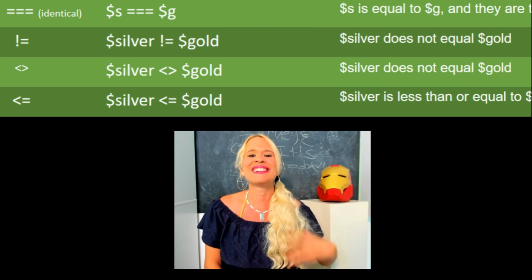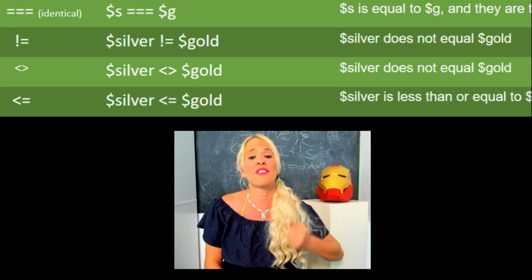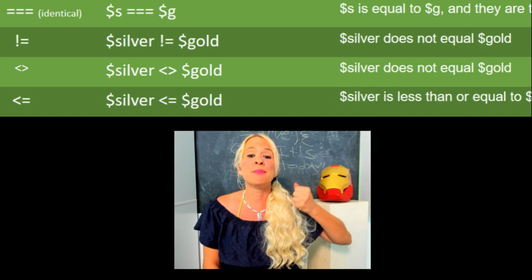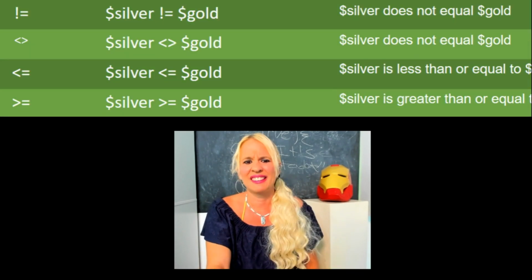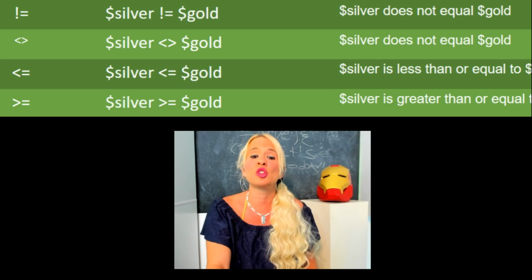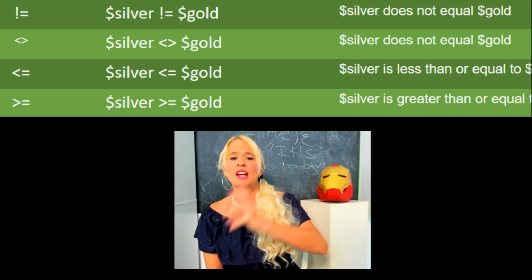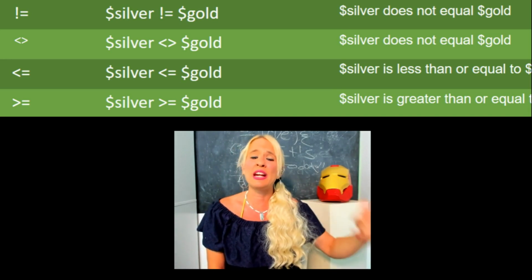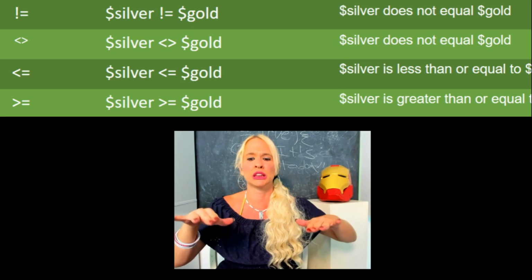The value contained in silver can either be less than the value contained in gold, or the value in silver can be equal to the value contained in gold. The next one is greater than or equal to. So $silver can either be greater than $gold, or it can be equal to $gold. Either one of those are true, we're good.